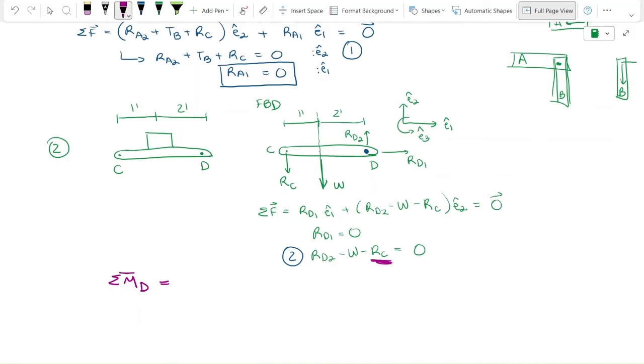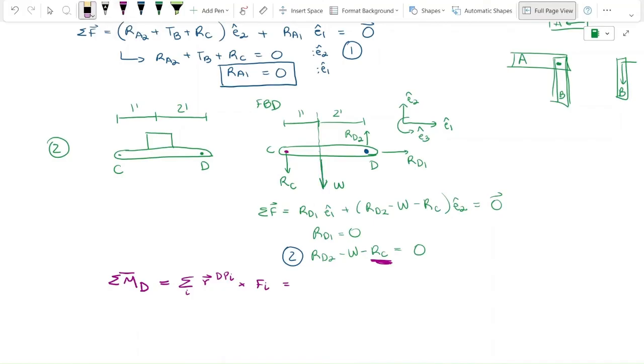So the sum of moments about point D is equal to the sum of the lever arm from D to the point of interest crossed with the force at that point of interest. In this case, we just have this point and this point. Also everything is perpendicular, so we can just directly use this distance times the force magnitude.